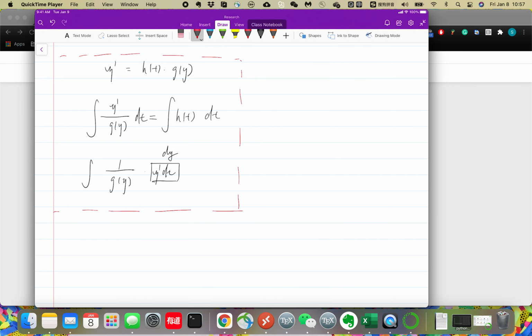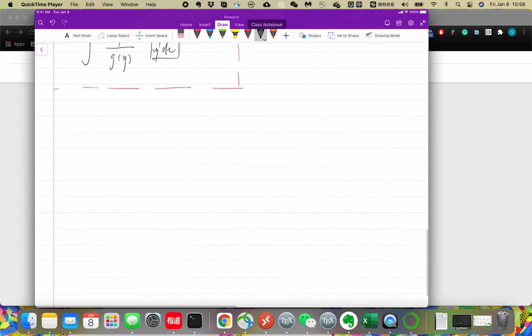Everything with respect to t on the other side, no y. Okay. Then, if you take the antiderivative with respect to t, what's going to happen is the t part with respect to t is going to be fine. The y part with respect to t is not going to be fine. But then, if you merge these two, you have the y part with respect to y, and then it will be fine.